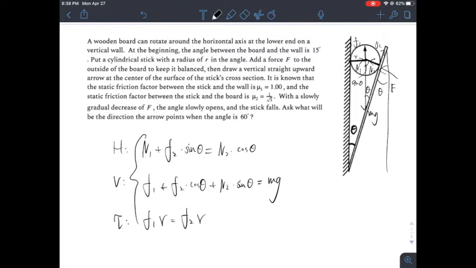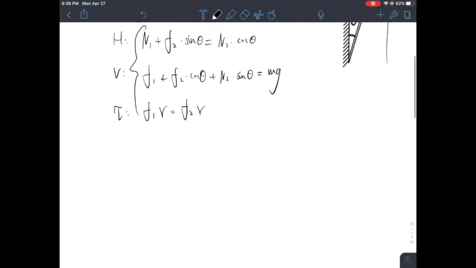Now we need to think about which direction it is going, so we need to find whether the left torque is bigger or the right torque is bigger. Let's find the limiting case, which just separates the two different directions of sliding, and then see whether a little bit bigger or a little bit smaller, which way the stick will slide.